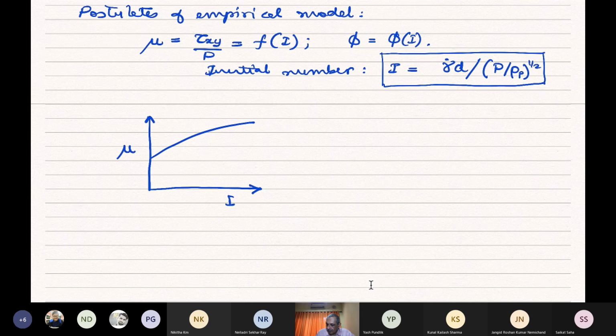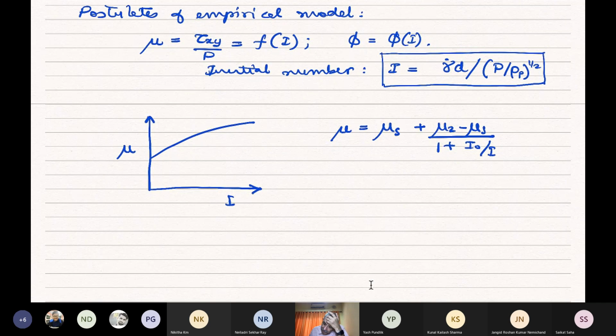And if you fit a line to the data, then what you get is, just to use the same notation, mu is equal to mu s plus a term, so there are actually three constants.